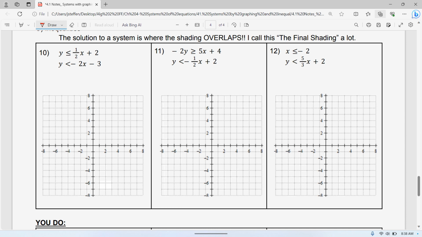So I'm going to do the first one. The y-intercept is 2. I go up 1 over 2, up 1 over 2, up 1 over 2. We just did this a chapter or two ago. It is a solid line because it's got that line under it. Then we shade below, since it's in slope-intercept form.